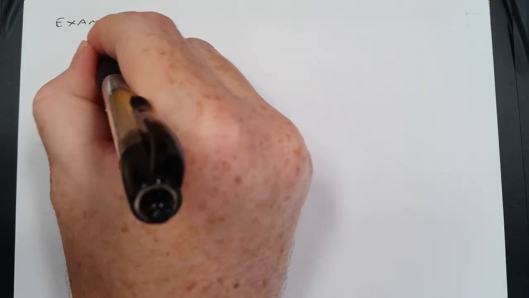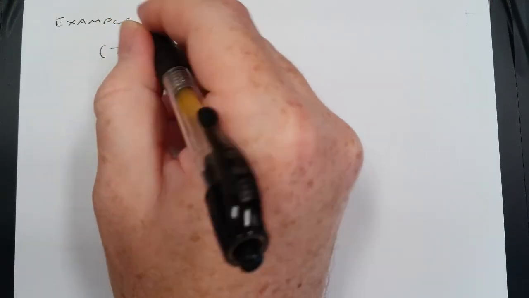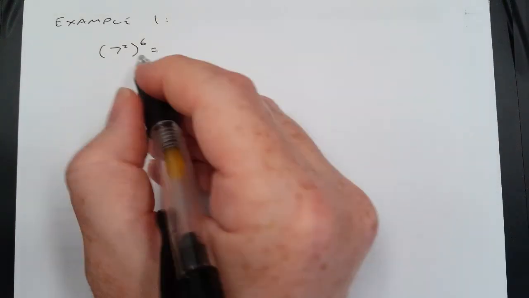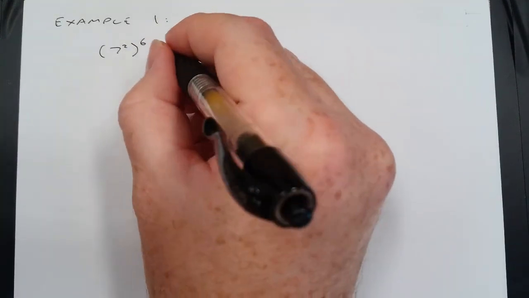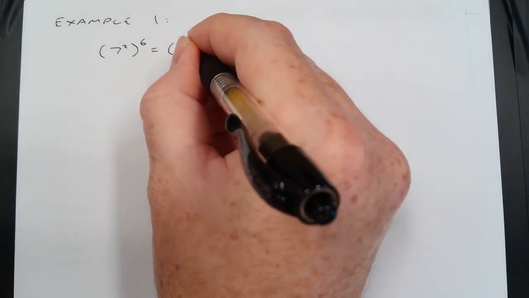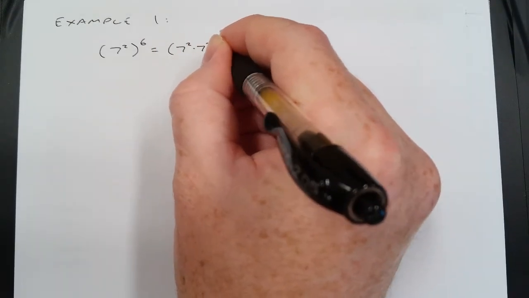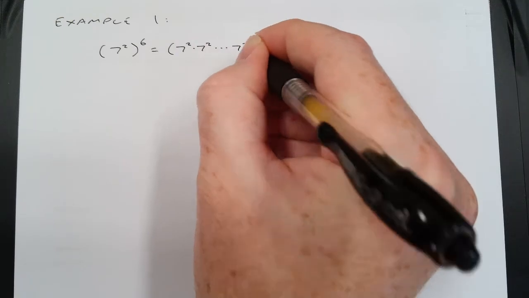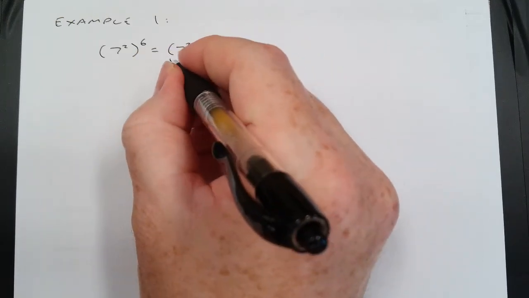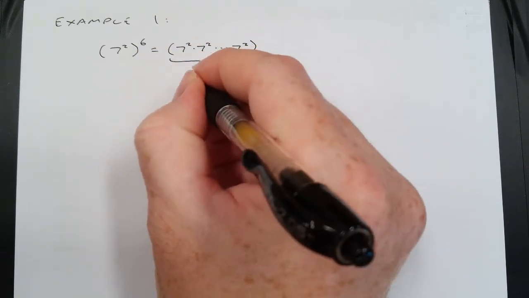Example 1, let's do 7 squared, but everything is to the 6th power. To do this, you can stretch it out because remember the base is 7 squared. So 7 squared gets repeated by itself over and over and over again, 6 times.